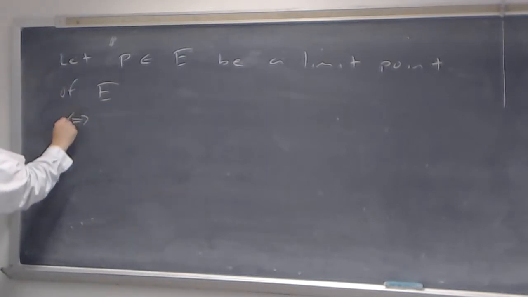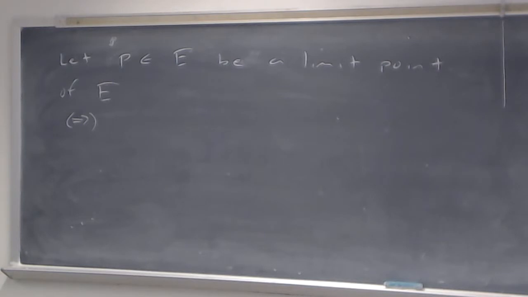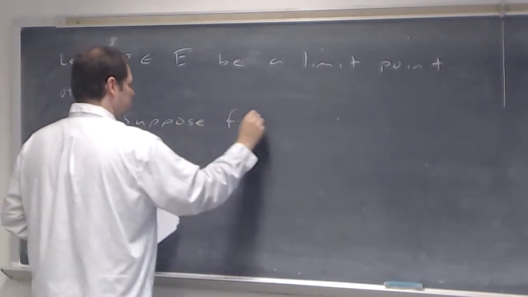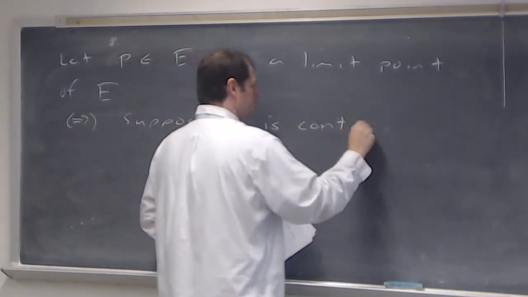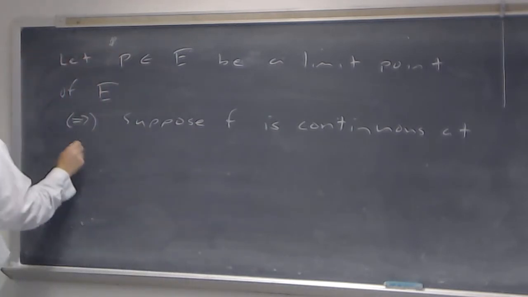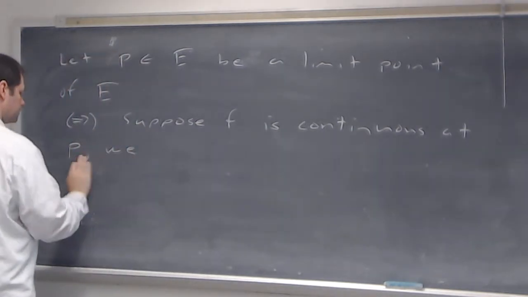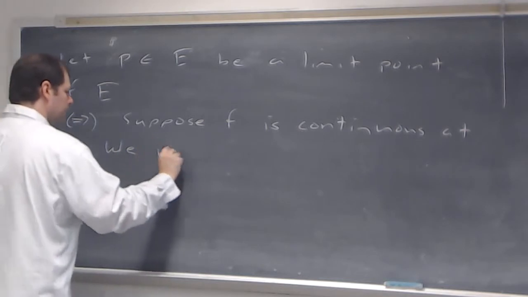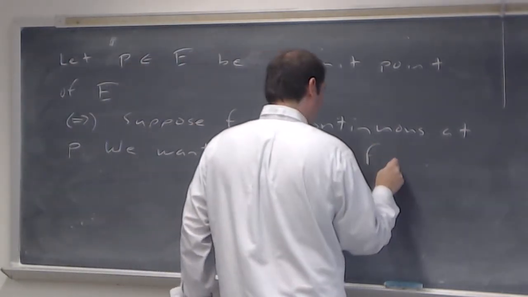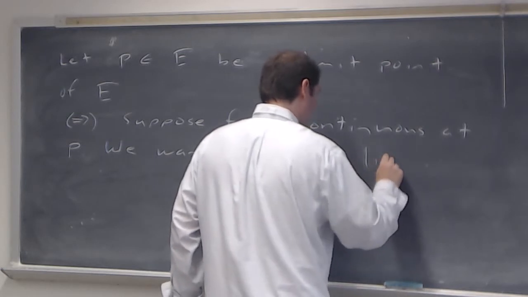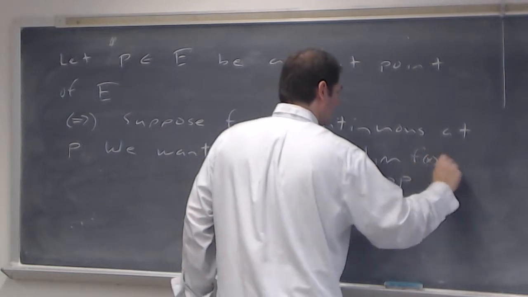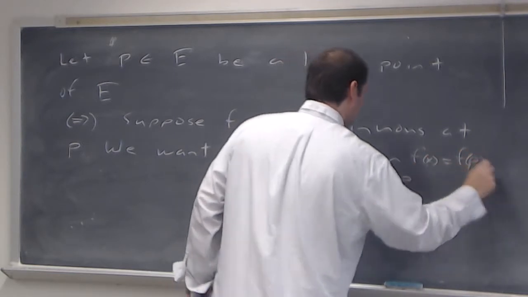And now going in this direction, we're going to suppose that f is continuous at P, and we want to show that the limit as x goes to P of f of x equals f of P. That's what we want to show.